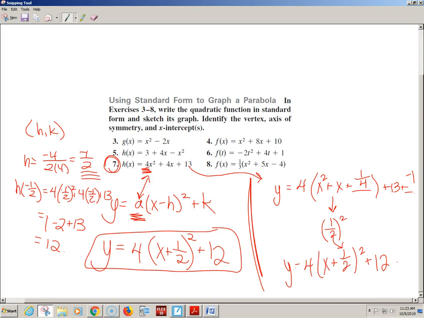Kind of like, hold on, section 2.3, factoring and finding zeros. Remember, 2.3 was easier than 2.5. In 2.3, there were like GCFs. But finding zeros, factoring like 2.3.